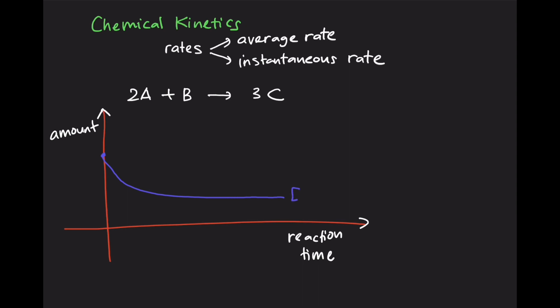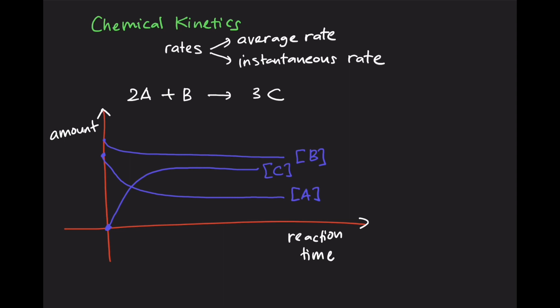For instance, this is for the concentration of A, normally in molarity, and this one, say, for the concentration of B, which is also normally in molarity. While the product, at the beginning, there is no product, and then it is formed after a while and also reaches a plateau.